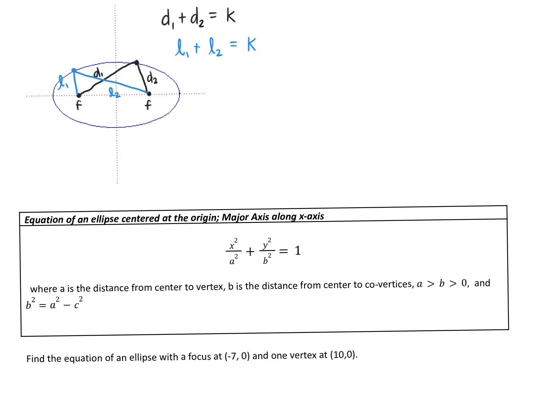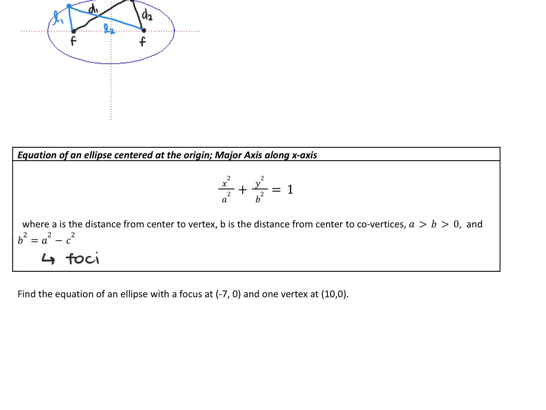So an ellipse equation is always equal to the number 1. So a is the distance from our center to our vertex. B is the distance from our center to our co-vertices. A will always be bigger than B, and they obviously both have to be greater than 0. And we also have a formula, b squared equals a squared minus c squared. And this is to help us find our foci, because c is going to be the letter that represents our foci.